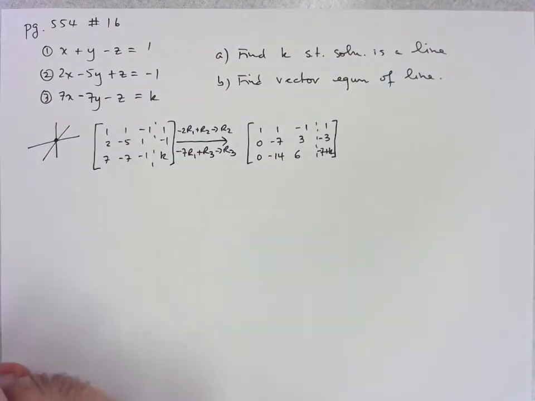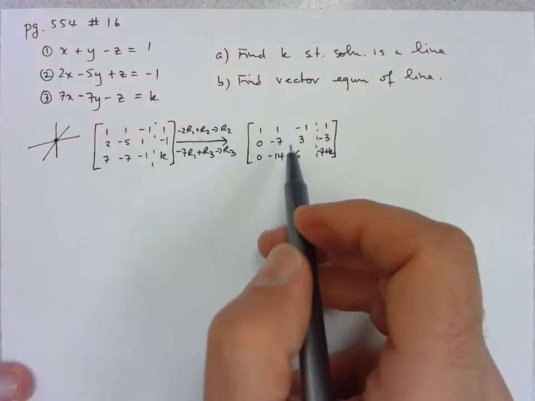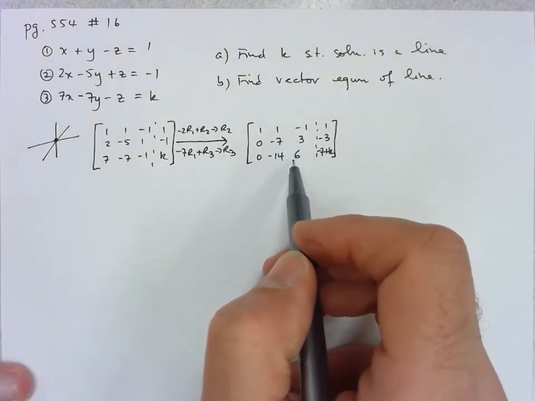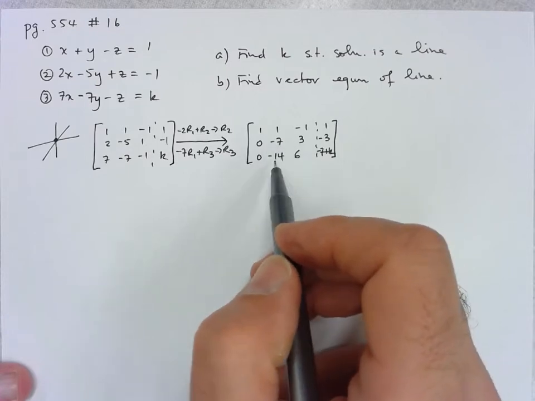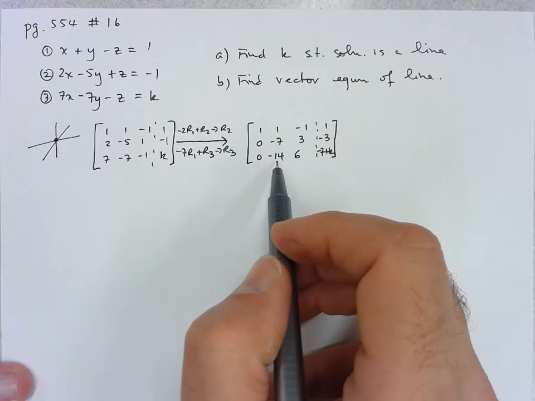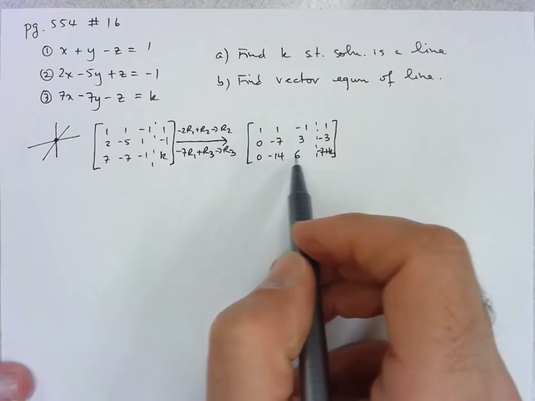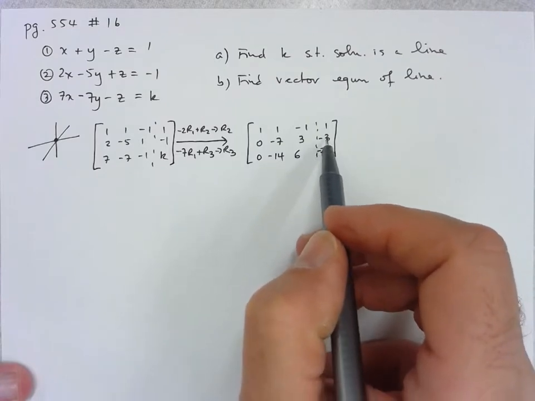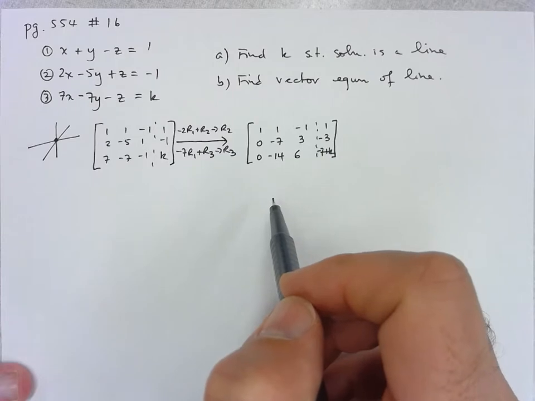There's our last component. And we notice here, by looking at the left-hand side of my matrix, that these are indeed scalar multiples of each other. In other words, R3 is just 2 times R2. So if I need to get a row of zeros here, I need negative 7 plus k to also be twice negative 3.